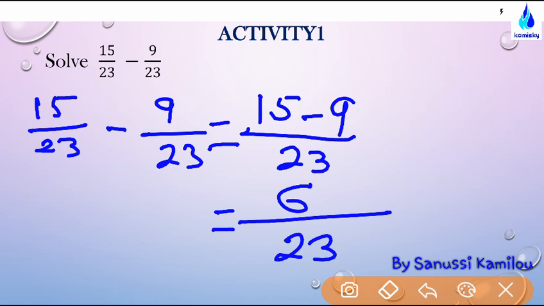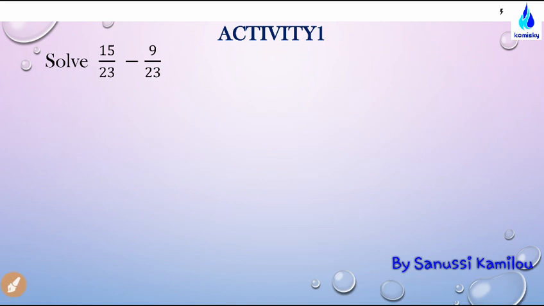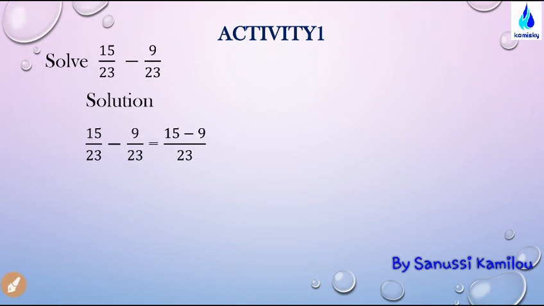So that is the answer they are expecting from you. If you do this, you get this. Bravo. Thank you for the first activity. Now what we just explained, here it is. You see it. Now let's move to the next activity.